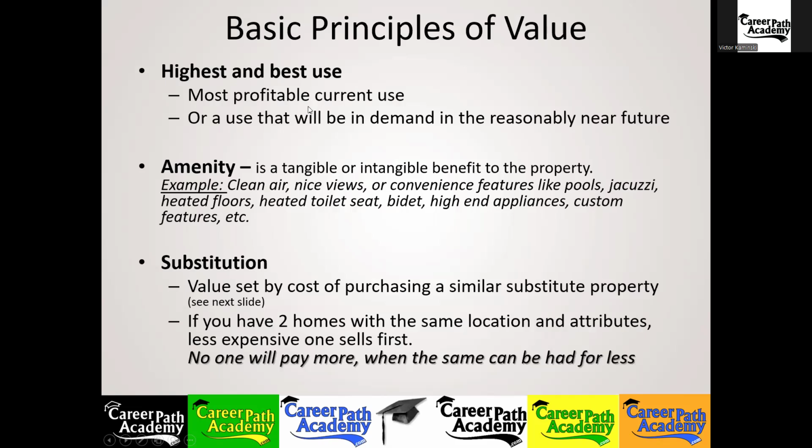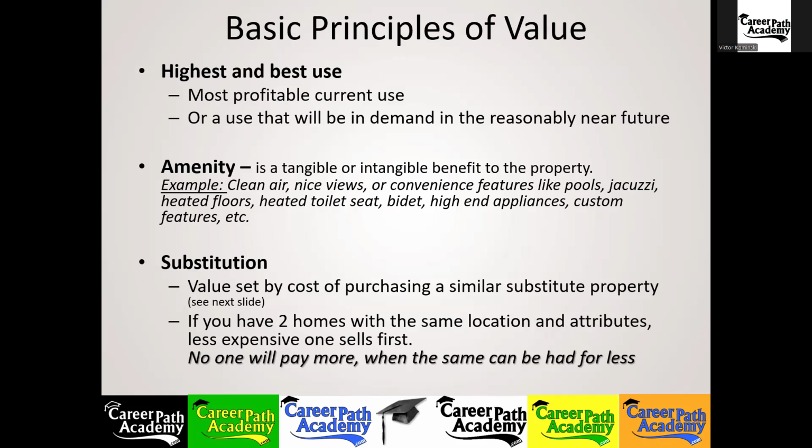The highest and best use is the most profitable or current use, or the use in demand in the reasonably near future. An amenity is a tangible or intangible benefit to the property, like clean air or nice views. Those are intangible. You can't touch clean air or a nice view. But it does add value, right?